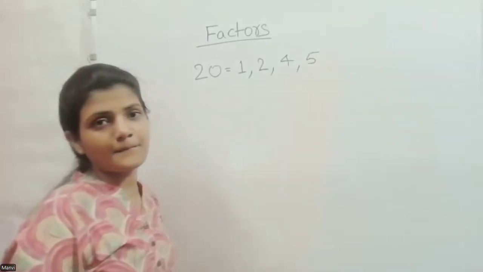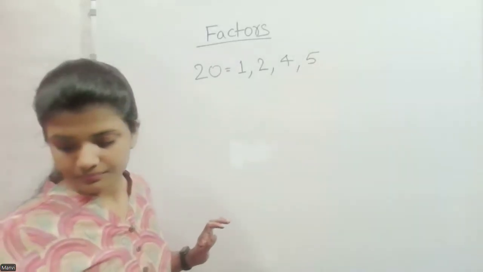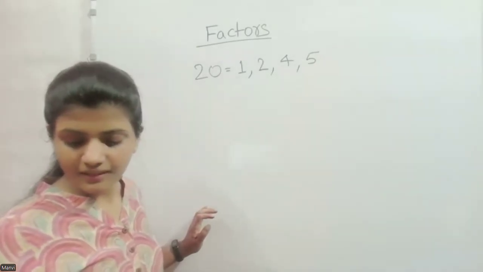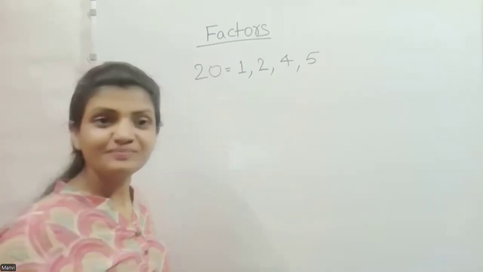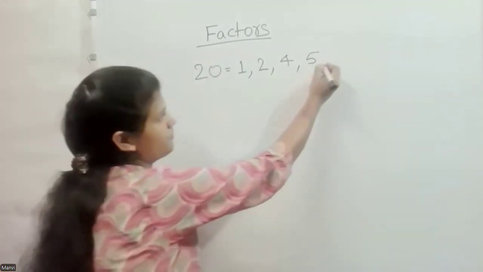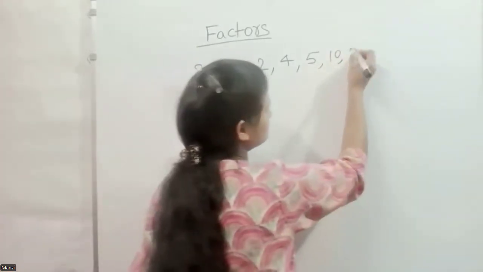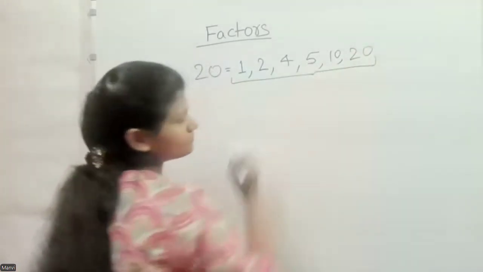No. 7? No. 8? No. 9? No. 10? Yes. And then 20. So these all are the factors of 20.